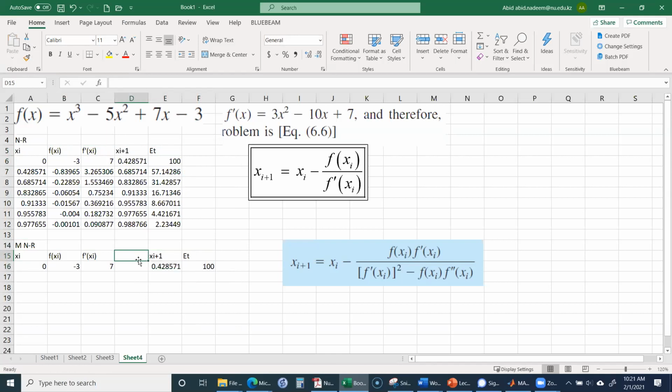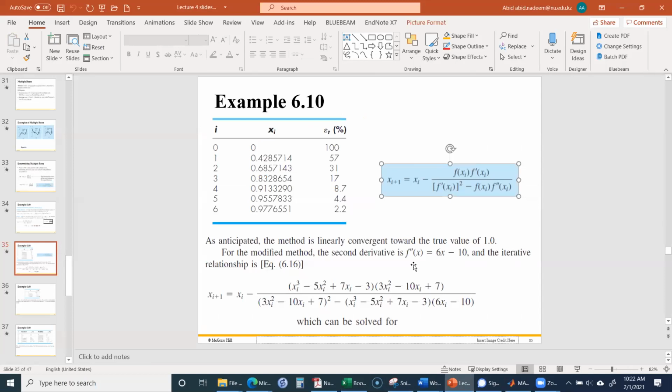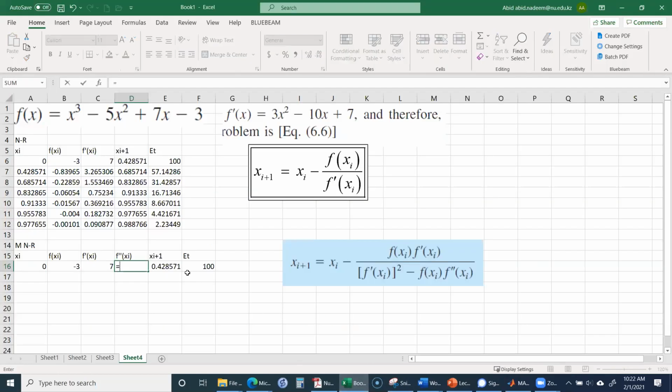So what is f double prime? If you take the derivative of this, f double prime will be 6x minus 10. So f double prime is equal to 6 times x minus 10.